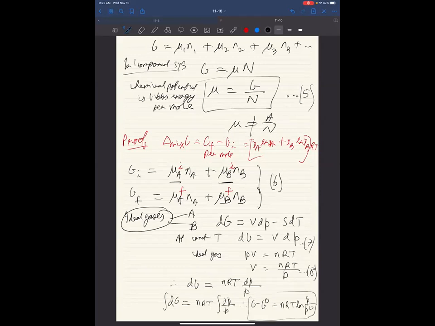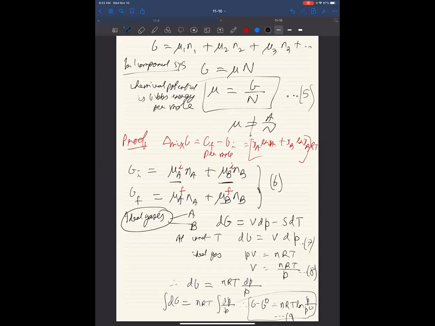Remember, we showed this equation for an ideal gas. We derived this in class. And then we said that this is going to be true only for an ideal gas. What's going to be true for a non-ideal gas? We defined fugacity this way. We said, whatever follows G minus G naught divided by nRT becomes our fugacity. That's how we defined it. So we have this equation. Let's call this equation number 9. Everyone got this?